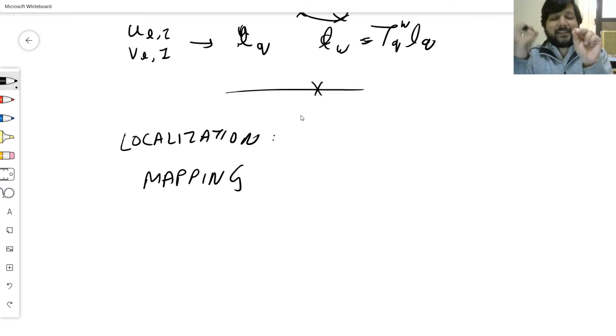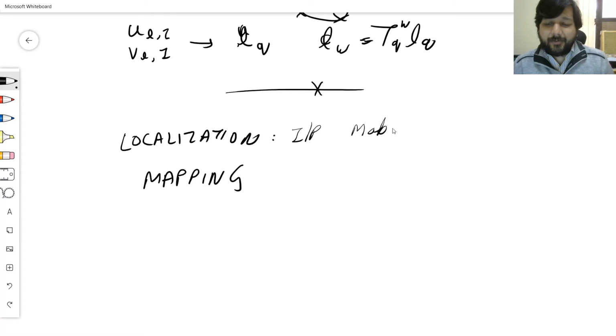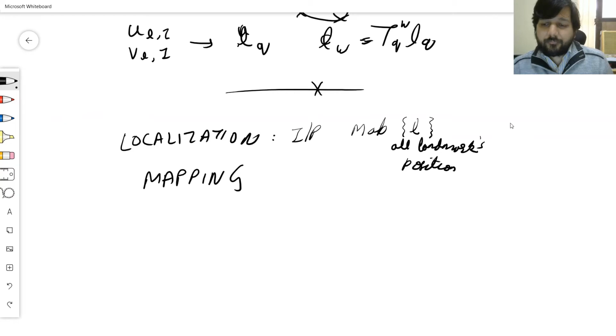I look at the same corner, where is it in the world, and then I try to find the transformation such that the corner in my coordinate frame, transformed to the world as per the assumed position, is as close as possible to where it is in the world. So the input is a map, which is nothing but all landmarks' positions, and the output is position, which previously we denoted like this, but as of now you just need the position.